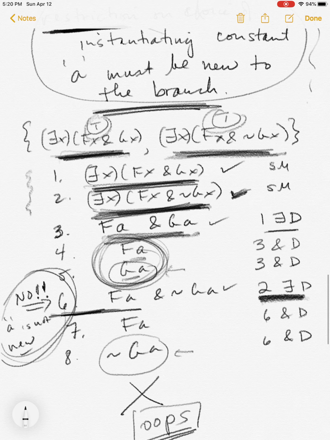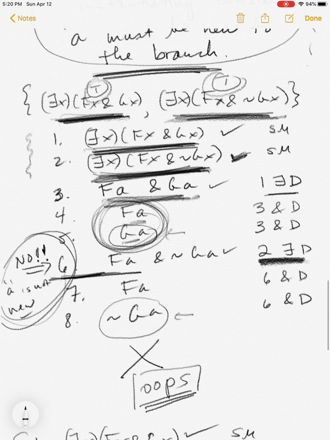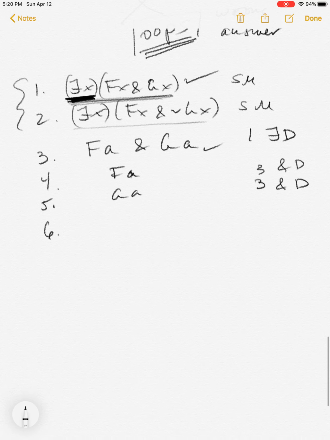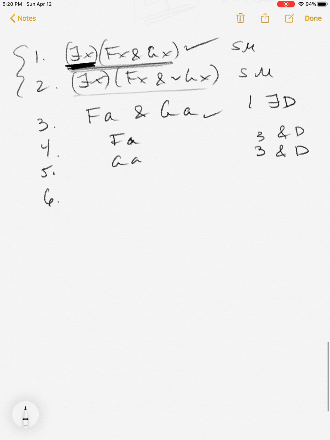We saw that if we didn't, we got into trouble, right? This is the wrong answer. We got the wrong answer because we violated the restriction. Here, we're going to do better. We're going to pay attention to the restriction.